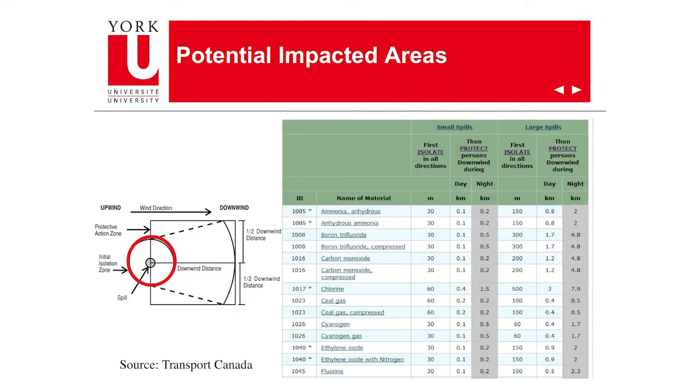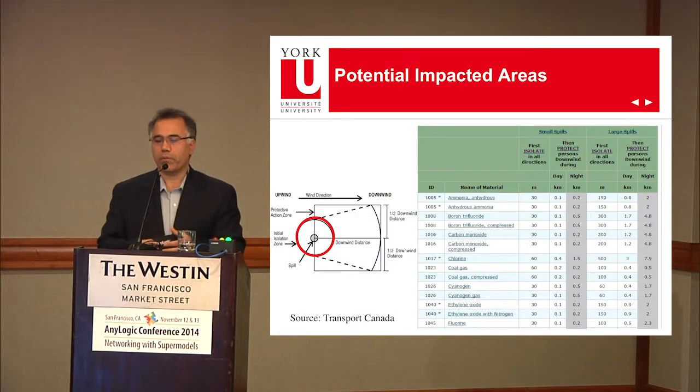For the very immediate impacted area, this area has to be evacuated, or people in that area might be severely impacted if there is a derailment of this type. The other numbers are in kilometers, so you have 500 meters, 3 kilometers, and 7.9 kilometers. This is our base for calculating the exposed or impacted area.